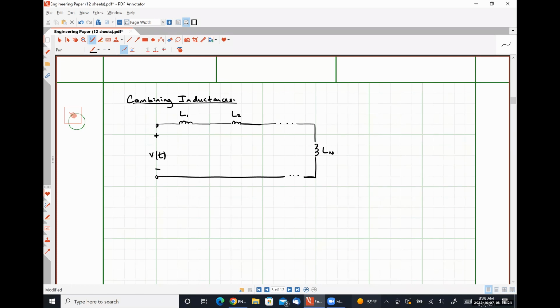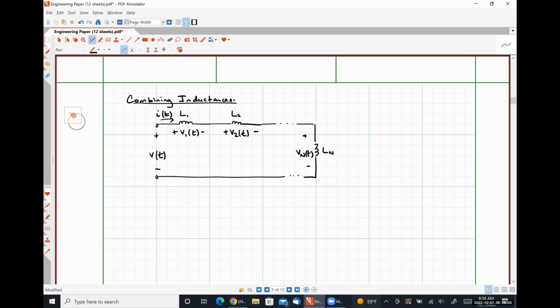The total voltage drop across this series combination of inductances will simply be the voltage drop over each of the individual inductors. So the voltage drop over inductor L1 we'll call V1, the voltage drop over inductor L2 we'll call V2, etc. Here we have V sub n, and because all of these elements are connected in series, there is some common current I flowing through them.